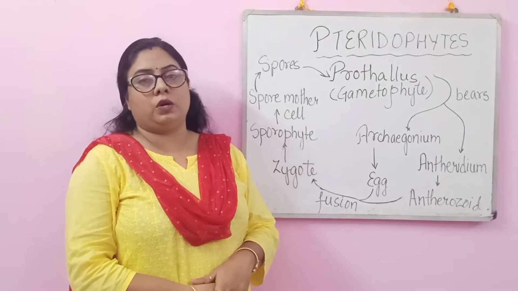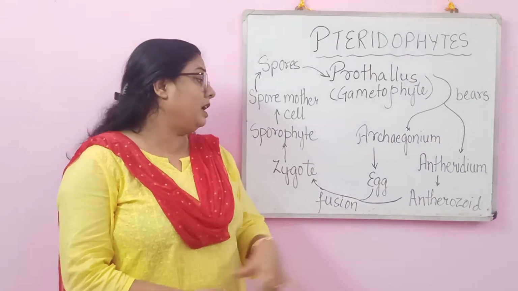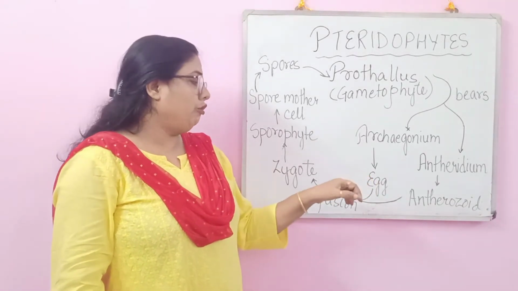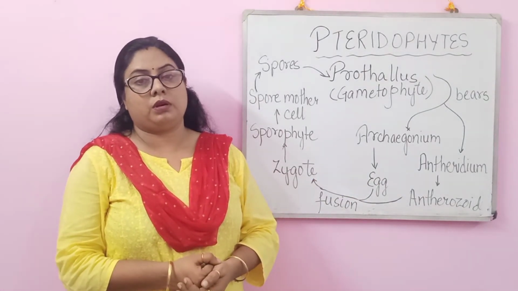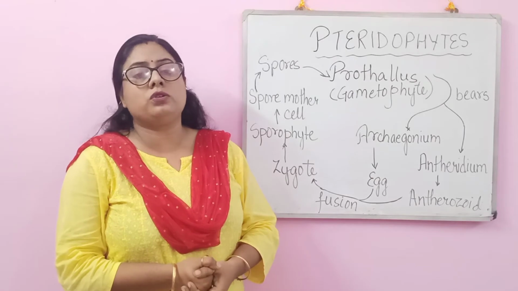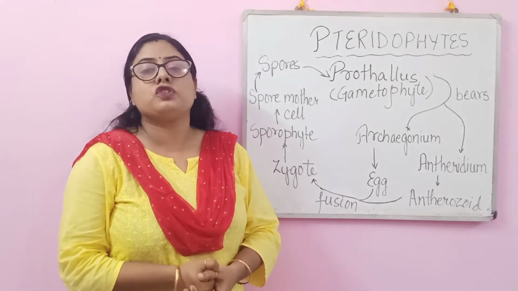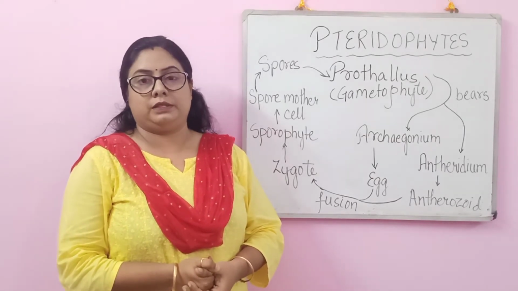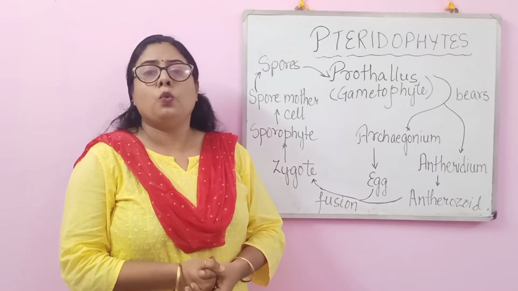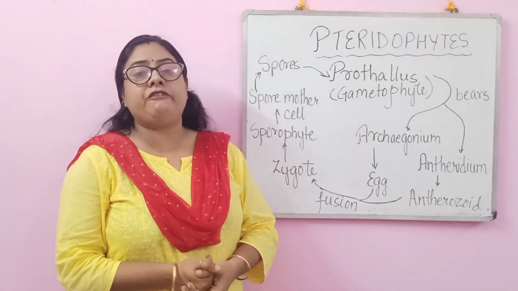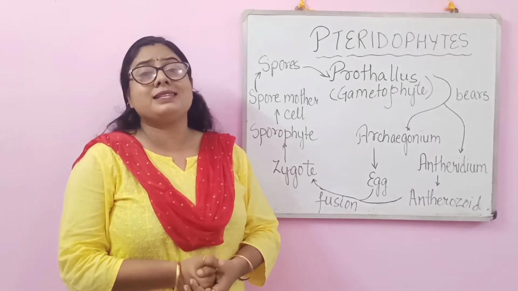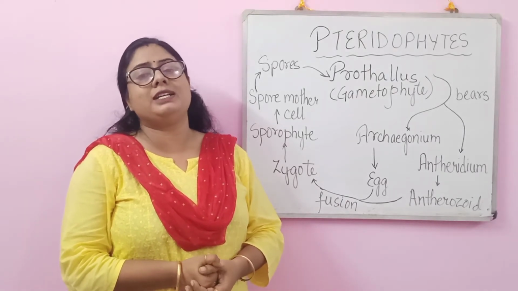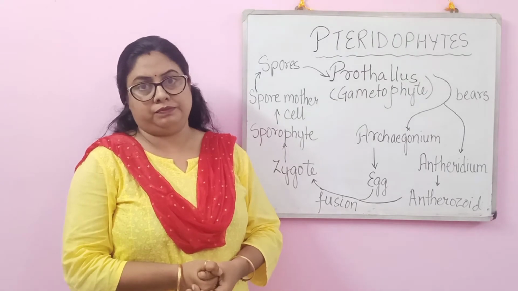Within the archegonium, it fuses with the egg to form the zygote. The zygote grows into the sporophyte, which bears leaf, stem and root. This is the dominant phase of the Pteridophytes.